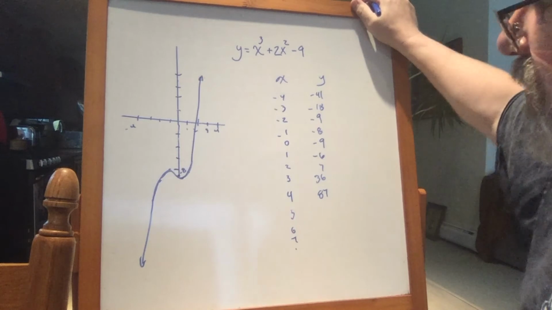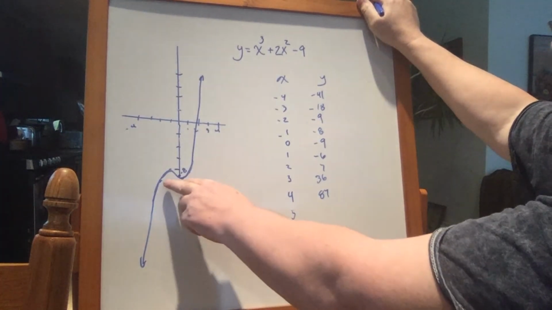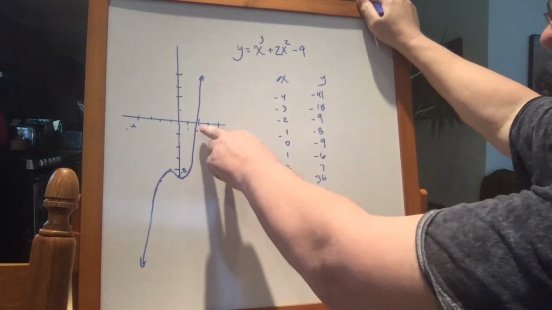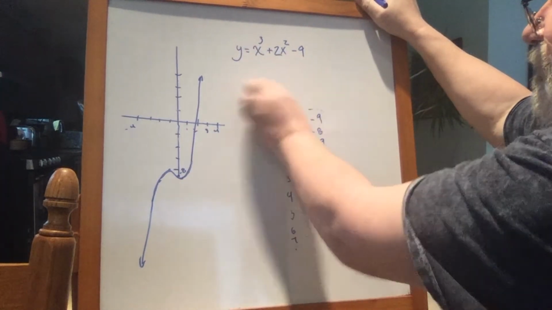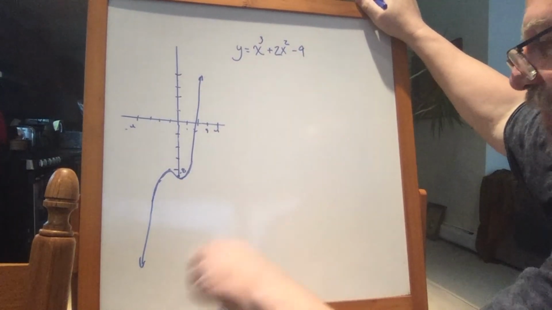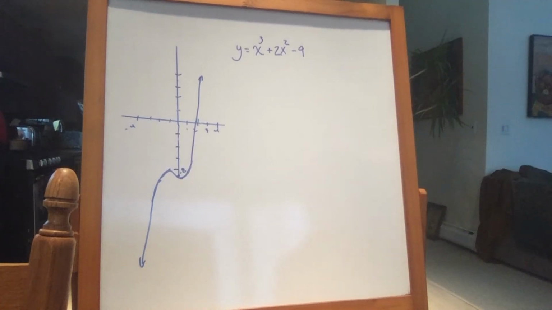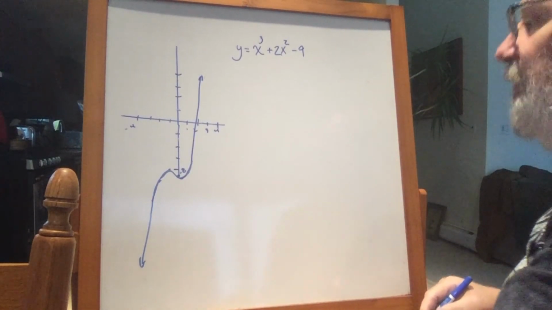But, you know, we don't know much about where this turns, where it becomes 0. So derivatives help us a lot more than just trying to plot on tables. Tables can be a little bit cumbersome.